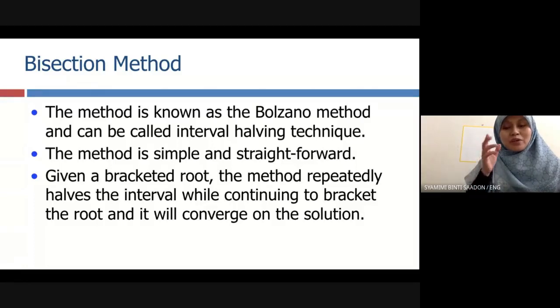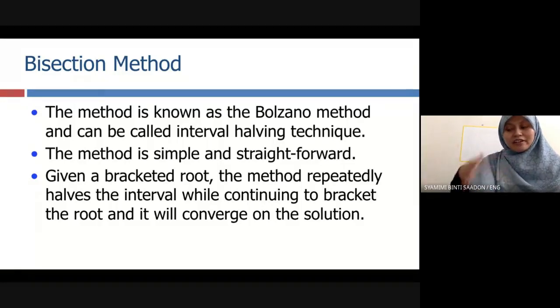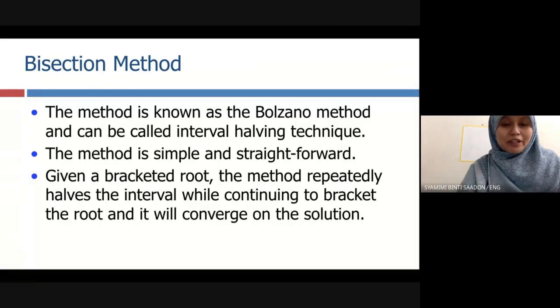We search for the middle point of the lower and upper, and make half of the interval while continuing to bracket the root, and it will converge on the solution. We continue the iteration, the procedure, until we converge to the solution that we want.